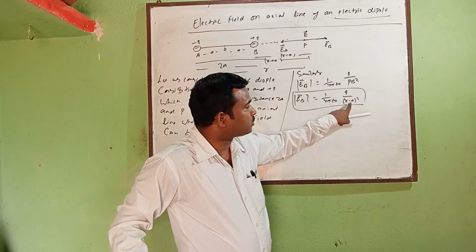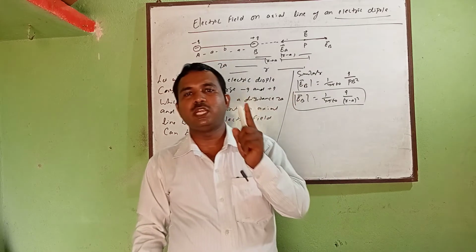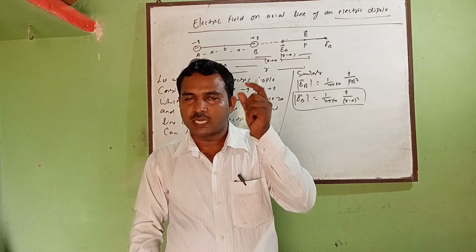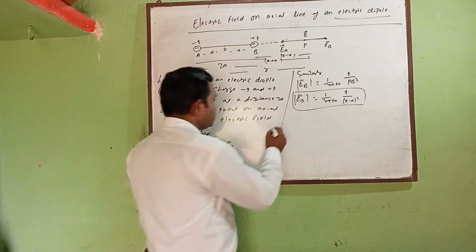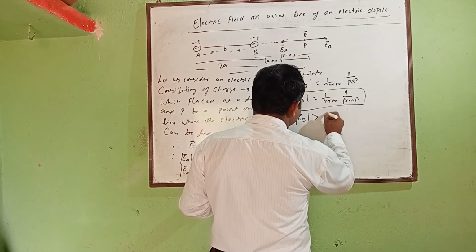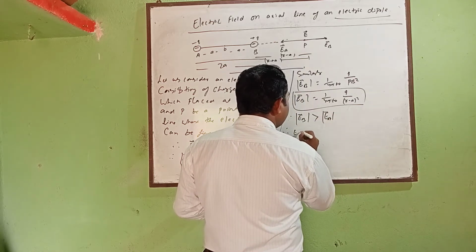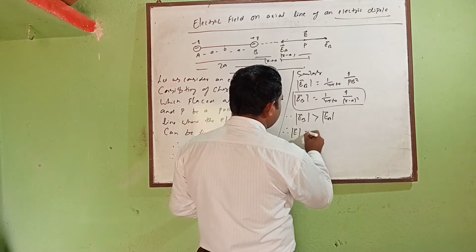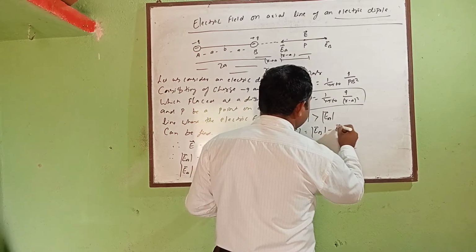If the denominator is smaller, the value will be bigger, and if the denominator is bigger, the value will be smaller. Okay, so since EB is greater than EA, therefore E equals EB minus EA. Can we write like that?